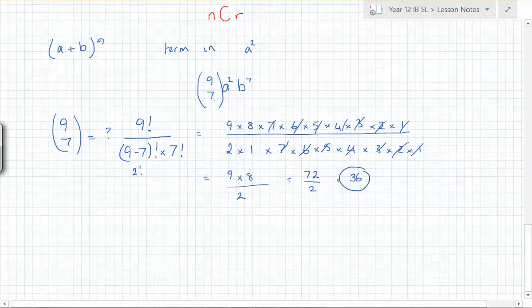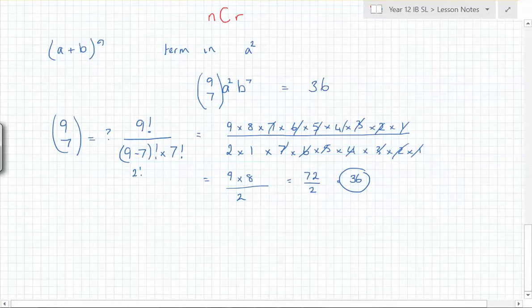So now to complete this, what is the term in a squared for this expansion? 36 a squared b to the power 7. That's the term. This is your answer. But what does that actually mean by factorial? Multiplying 9 factorial, 9 times 8 times 7 times 6 times 5.